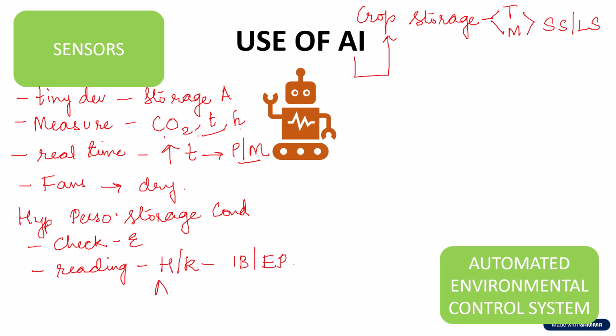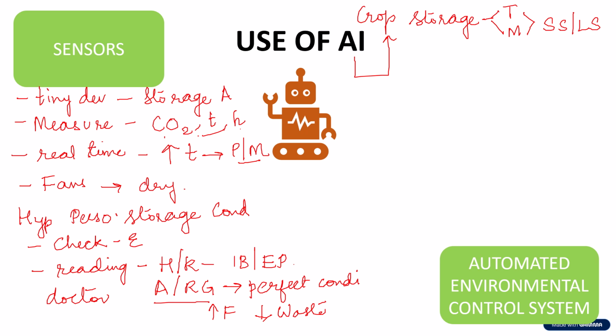I'll take an example of apple or rice grain, where it is evaluating or predicting the perfect conditions to increase the freshness and reduce the waste.